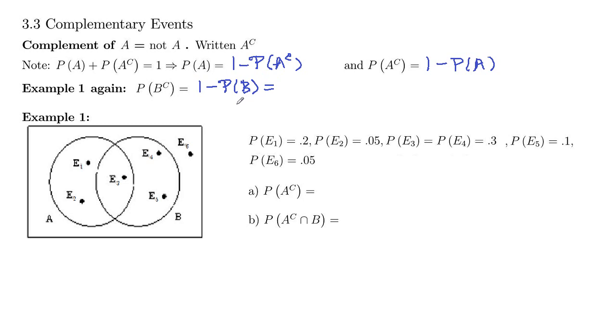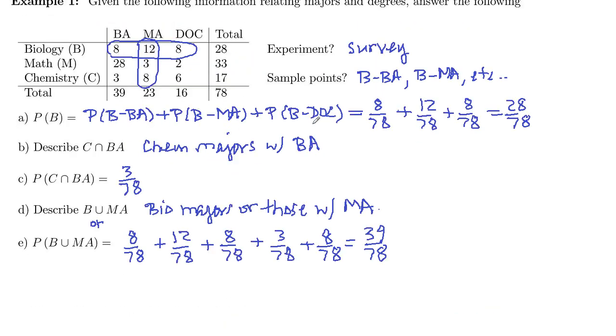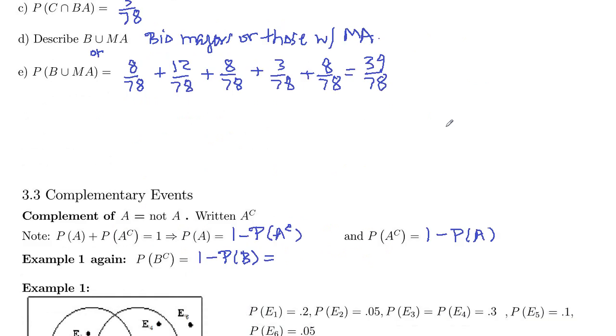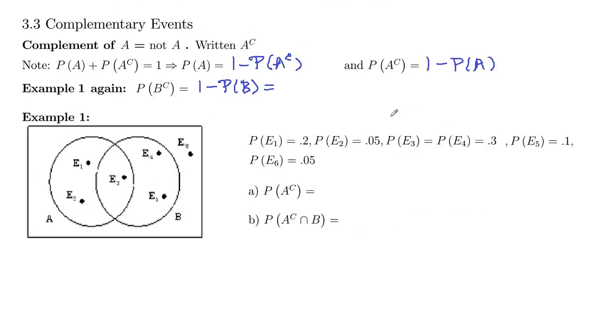And we know the probability of a biology major is 28 out of 78. So instead of adding up the other numbers, we could just do 1 minus 28 out of 78, which is 78 out of 78 minus 28 out of 78, which is 50 out of 78. So that's the probability someone's not a biology major.